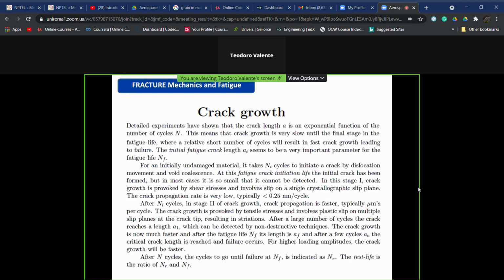This residual life, which is the number of cycles necessary to reach NF, the real number of cycles to failure, is also called NR, with the prefix R standing for the rest life of the material, even though usually the rest life is defined by the ratio between NR, the residual cycles which can be tolerated by the material after n cycles, and the number of cycles required to have failure of the component.